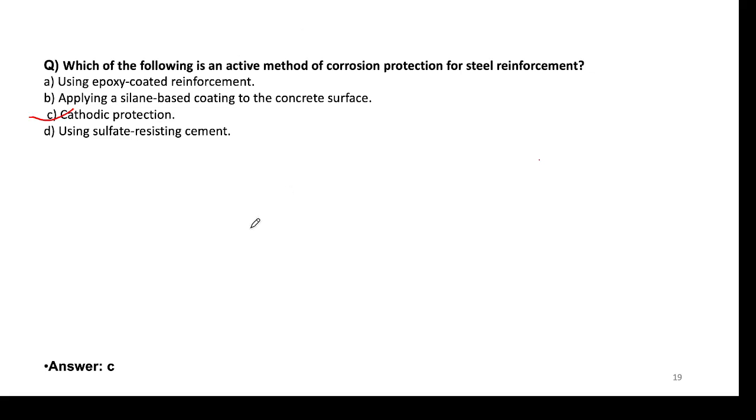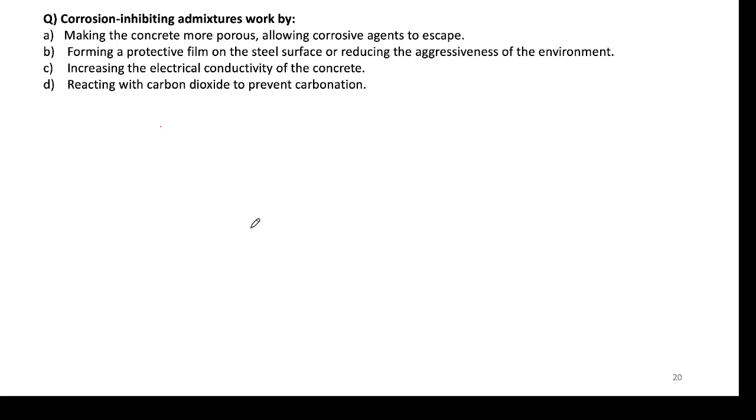Okay, the next question: corrosion inhibiting admixtures work by making the concrete more porous, forming a protective film on the steel surface, increasing the electrical conductivity of concrete, or reacting with carbon dioxide to prevent carbonation.